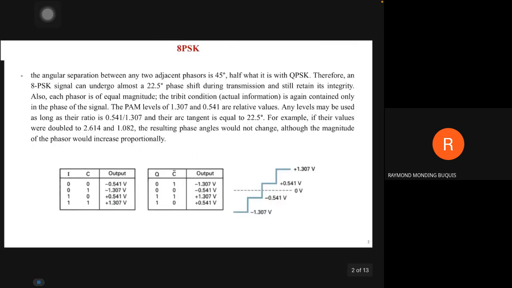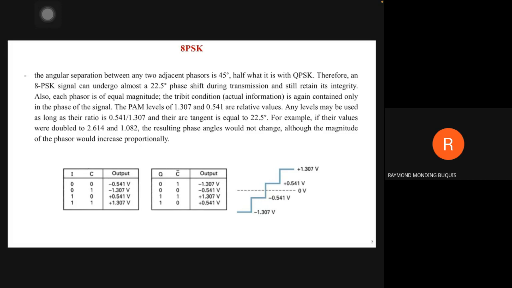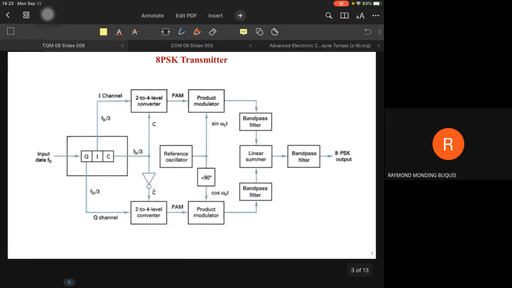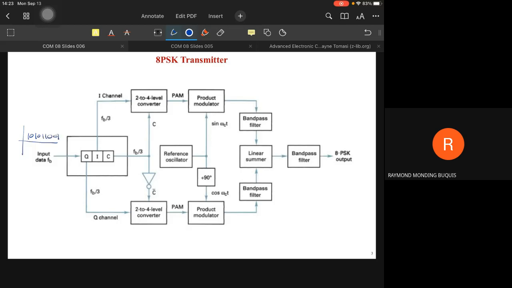Now, in between from the source, no, from the digital source na to, here, and here, yan na sa mga combination dito.